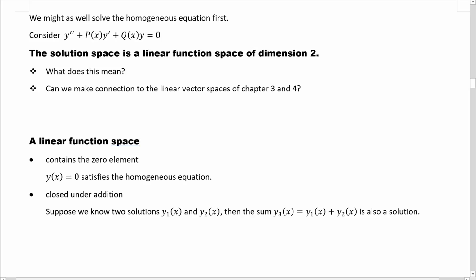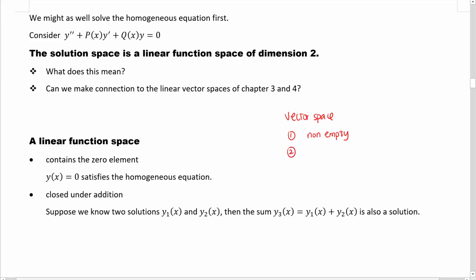Okay, so let's show that the solution space is a vector space. Do you remember how we show that a set is a vector space? For a vector space, we show first that it is non-empty.